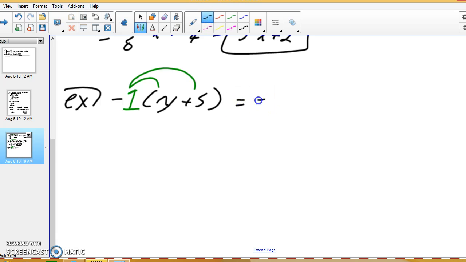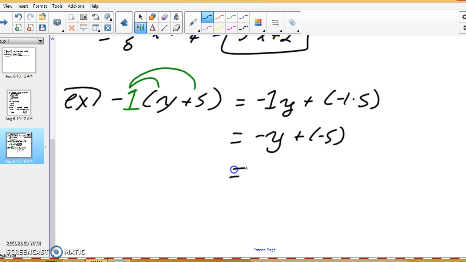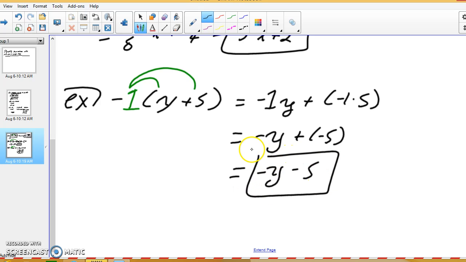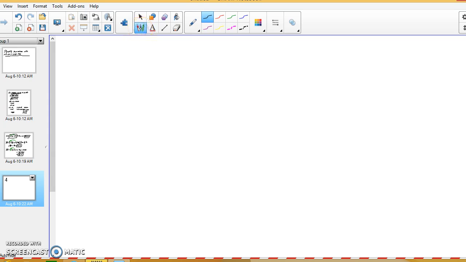So this becomes a negative 1y plus a negative 1 times 5. Well, this can be simplified down to a negative y plus a negative 5. Well, that can also be read as negative y minus 5. So again, just a simpler way of looking at an expression like that. So that's all the distributive law is, it's taking one number and multiplying it out by a couple other numbers.